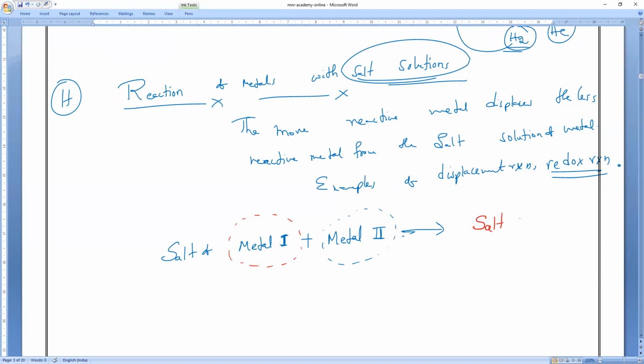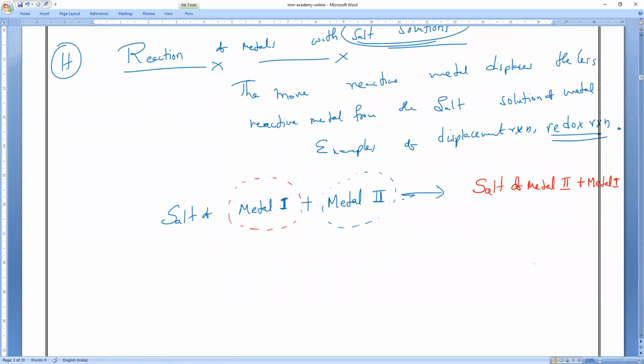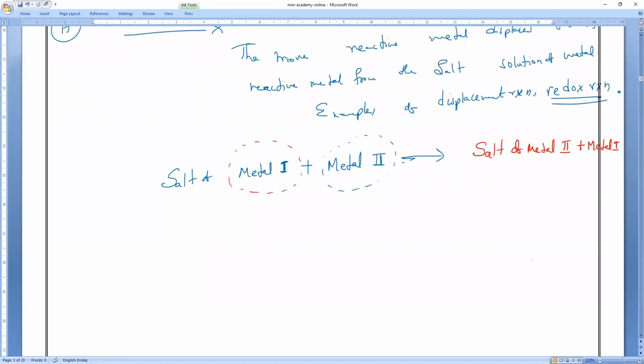Then what product will come? Salt of metal 2 plus we'll get metal 1. So this is what we say is a displacement reaction. Who is more reactive, metal 2 or metal 1? Metal 1 is in salt, so metal 2 is more reactive.